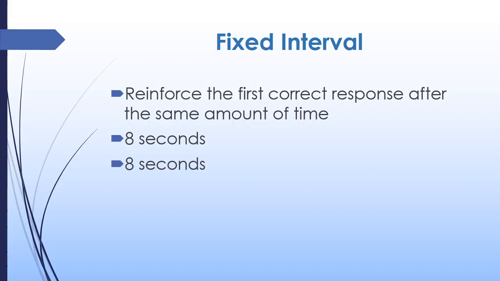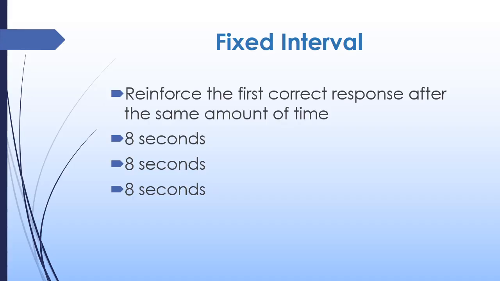You're concerned about time. And you don't reinforce until the first time the rat presses the lever after the time is up. So if our time is 8 seconds, 8 seconds is up, the rat presses that lever, then you start timing again. And again, it's 8 seconds.